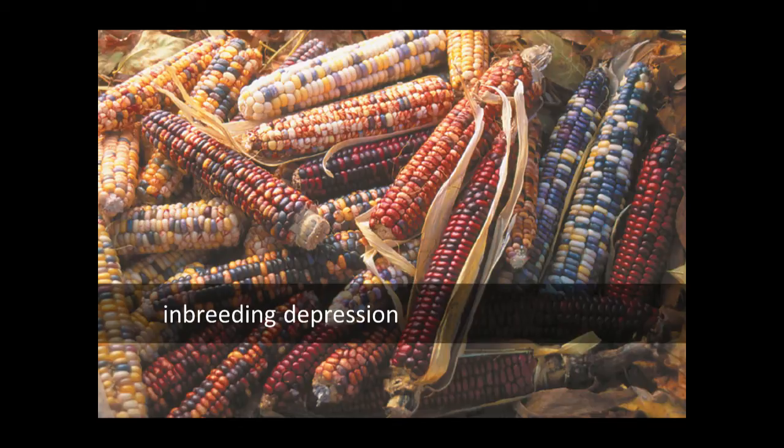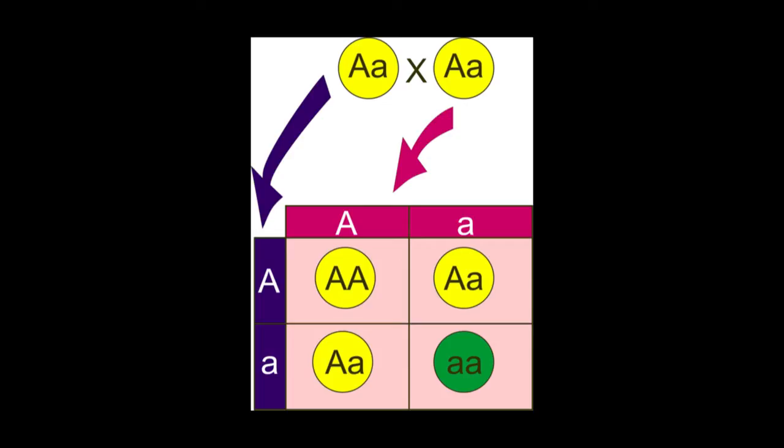As I mentioned, this isn't really a genetics presentation. Inbreeding depression is not fully understood, but there is some thought that it is largely the product of having too many homozygous genes. If you look on this graph here, you'll see this is a Punnett square.